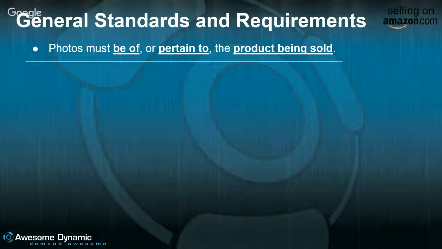You have to be very careful because people can be confused and think that the phone is included, even though it's clearly not. That's one reason why this is front and center: the photos must contain items that pertain to or are part of the product.